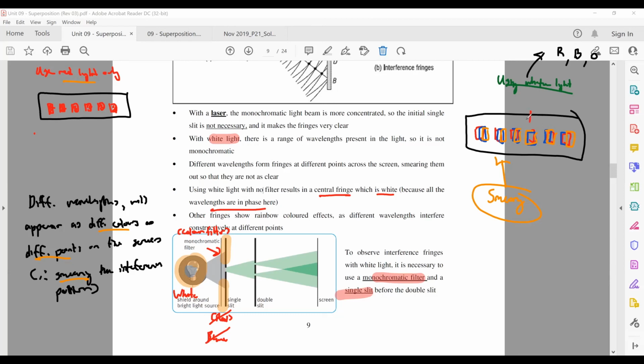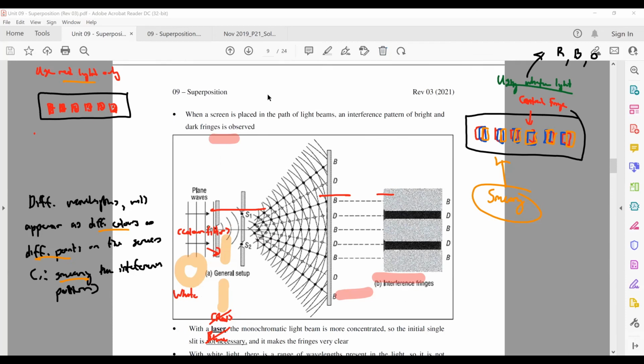Let's just say that this is the central fringe now, the pattern that's at the center. Specifically, at the center, all the colors will always overlap at exactly the same point.